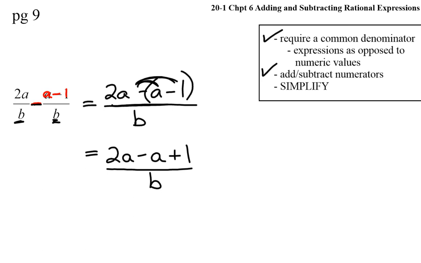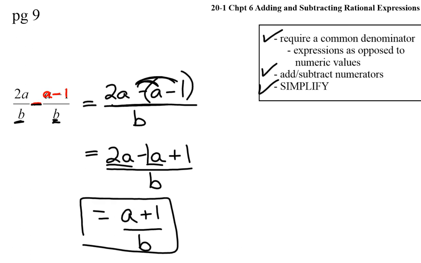Can we simplify? Make sure you simplify. Our first simplification, 2a subtract a, or a 1a if it helps, leaves us with a. We still have plus 1 over b. Is there anything we can do with a plus 1 over b? There isn't. No simplifying further.